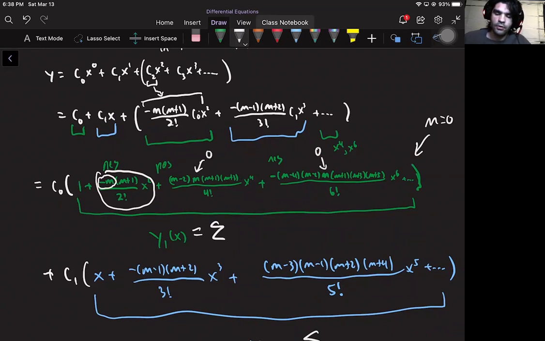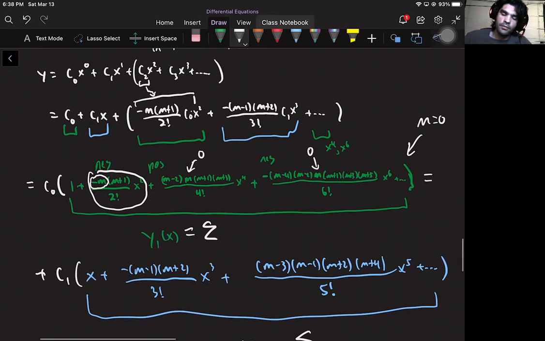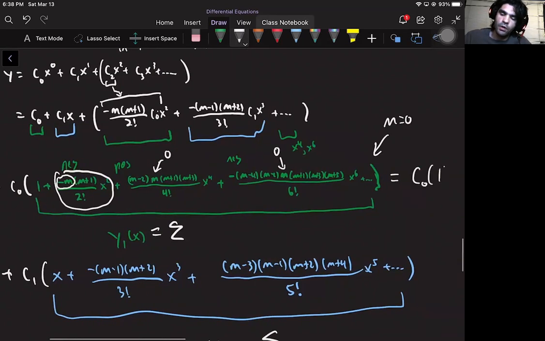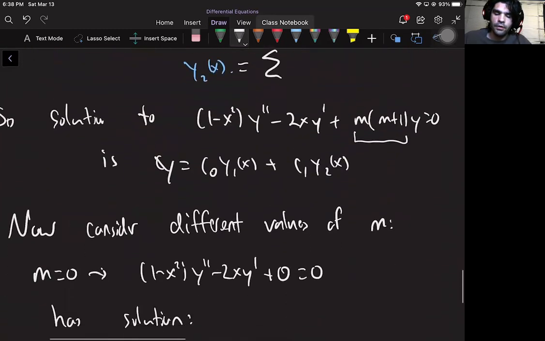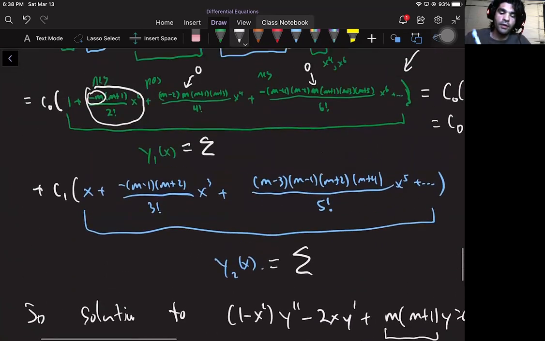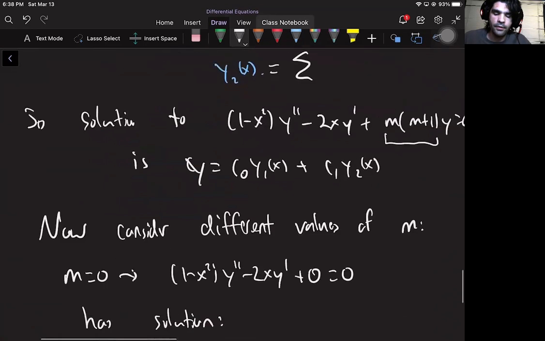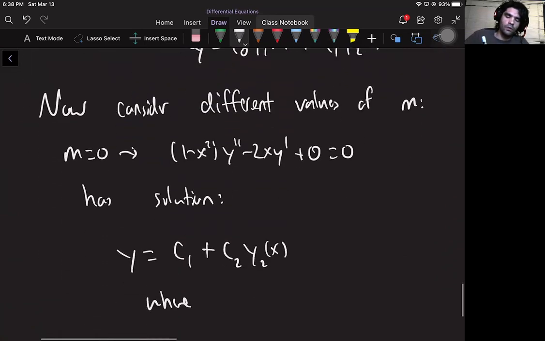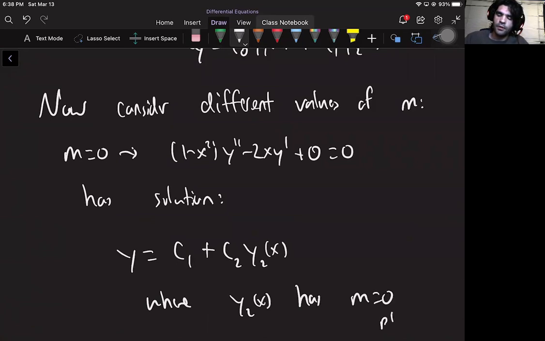So those are all just 0, and this just becomes C0 times 1 is the only thing left, equals C0. So the solution for m equals 0 is really just y equals C1 plus C2 y2 of x, where I do have to actually plug in 0 here, and these don't go away. Now y2 of x has m equals 0 plugged in.